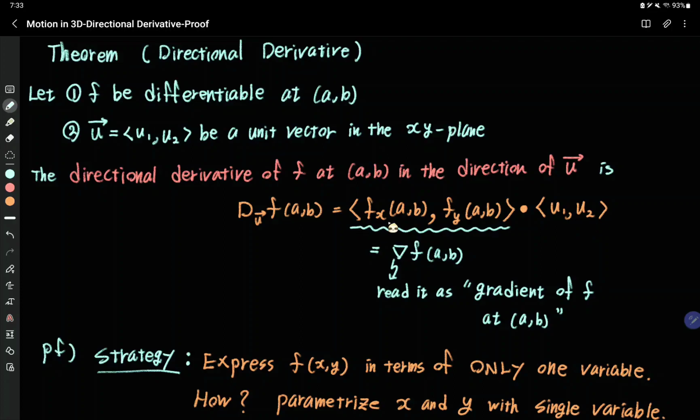This is denoted by that symbol. Read it as the gradient of f at (a, b).